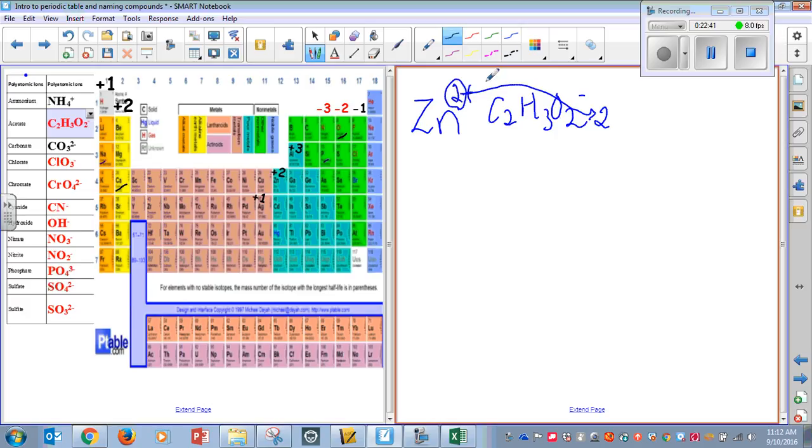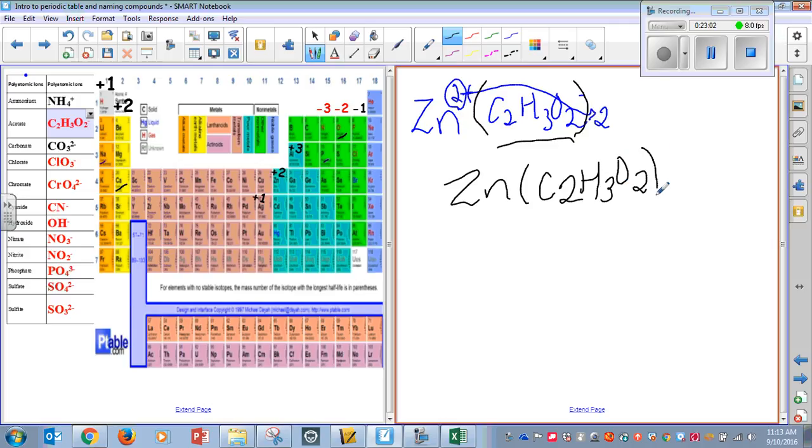By putting my polyatomic ion in parentheses. Because I don't need 22 oxygens. I need 2 acetates. So when I write the chemical formula, I write it as this. Zn(C2H3O2), close the parentheses, 2.